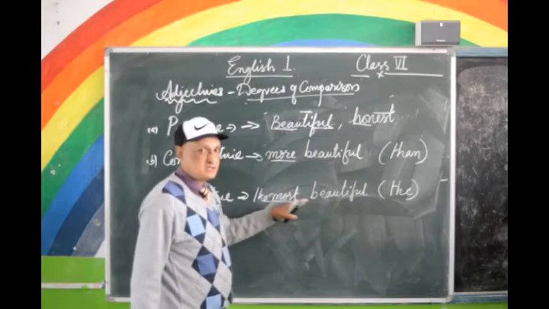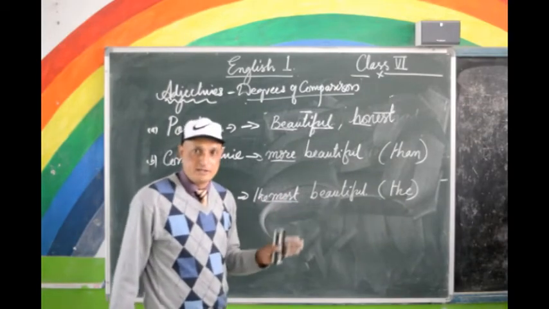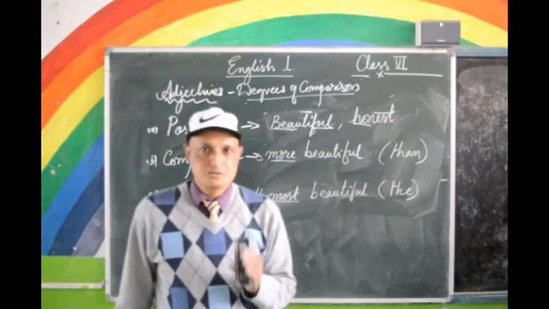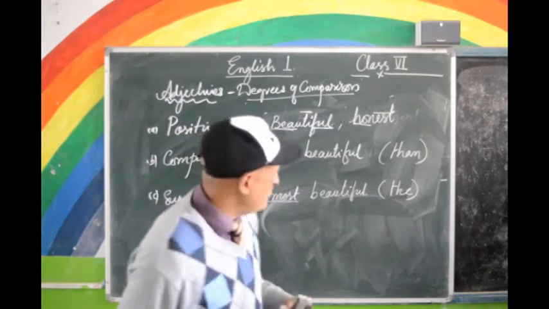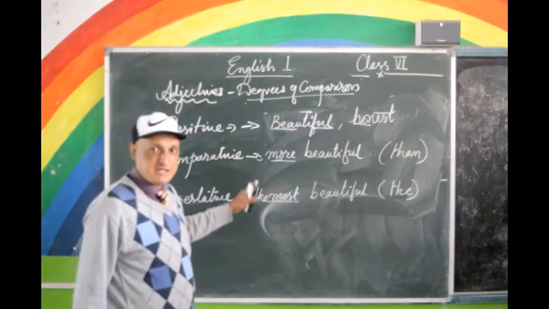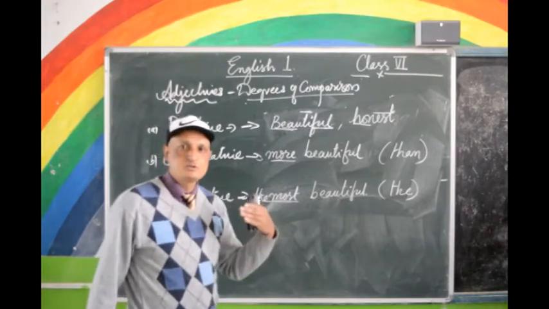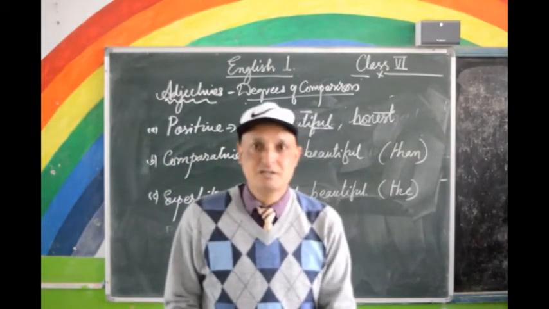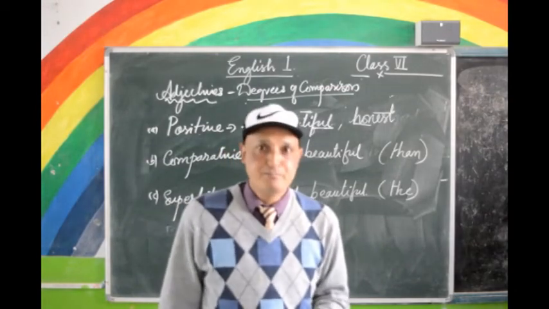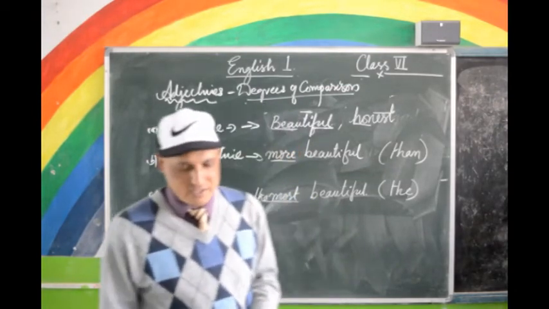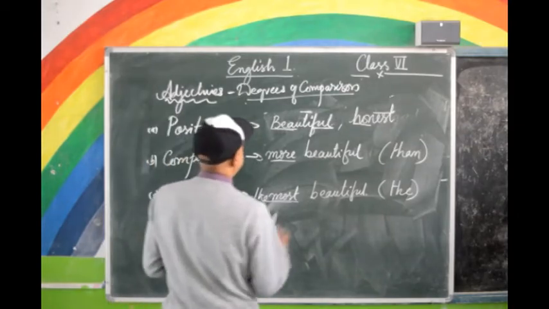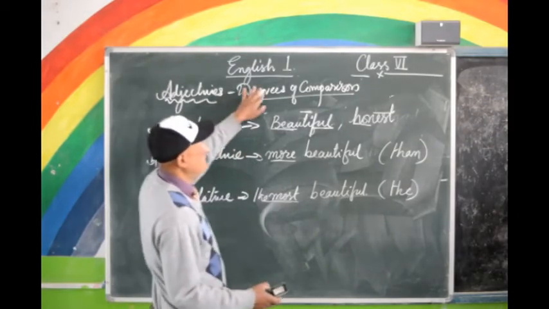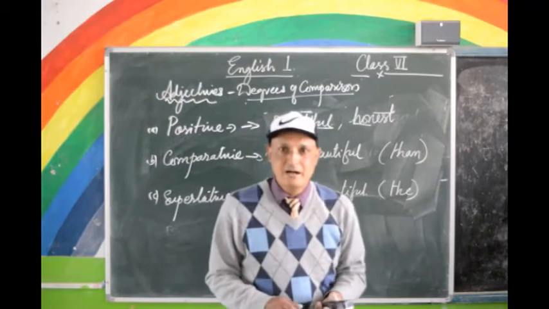The best answer, or the most beautiful drawing. Hope you have understood what I am trying to explain. And you'll be able to know more about it if you go through your textbook. That is chapter number 8 in the textbook, page number 36, where we have the adjectives of comparison, the different degrees of comparison.